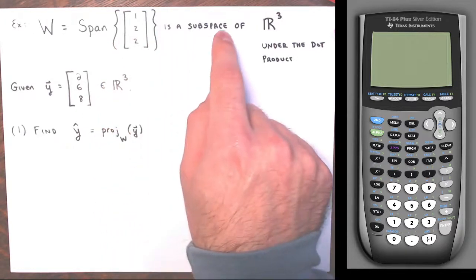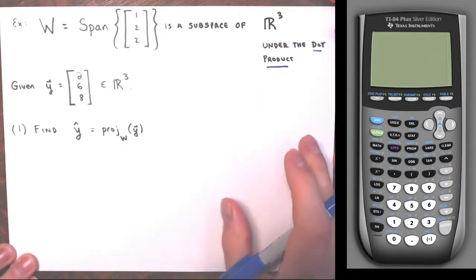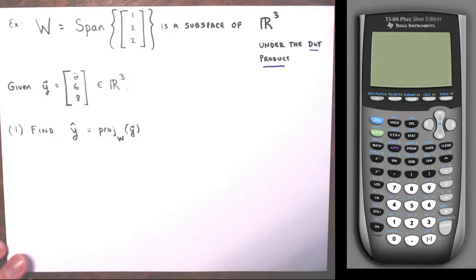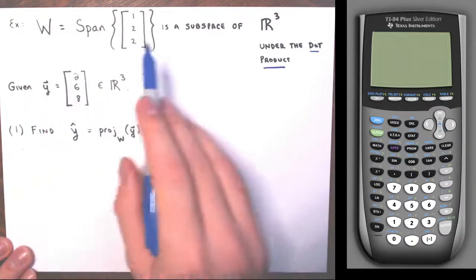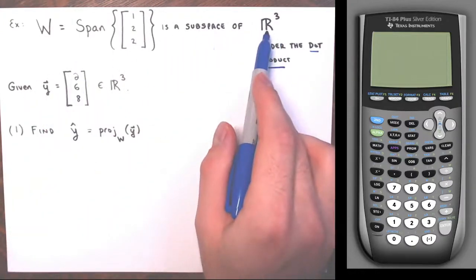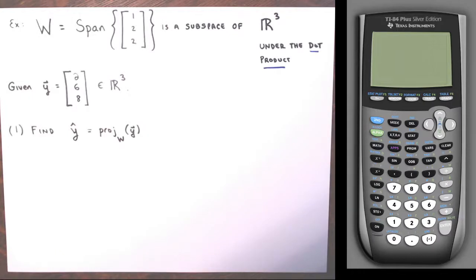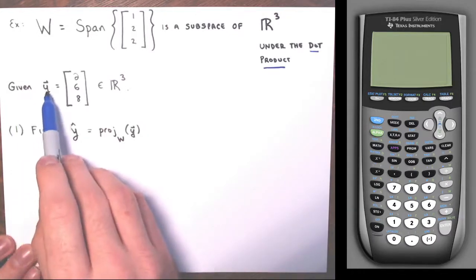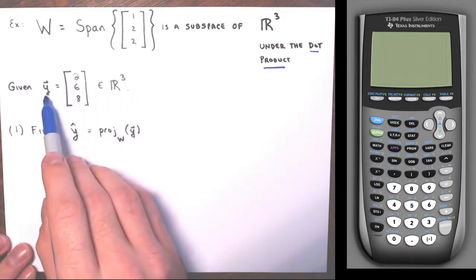This is a subspace of R3, and once again, the inner product here is the dot product, so that when we say orthogonal, it's perpendicular. We should be able to take any vector from R3 and write it as a vector from W plus a vector from the orthogonal complement of W. That's what I'm doing here. I just picked one random vector that I made up from R3. Here's y equals (2, 6, 8).